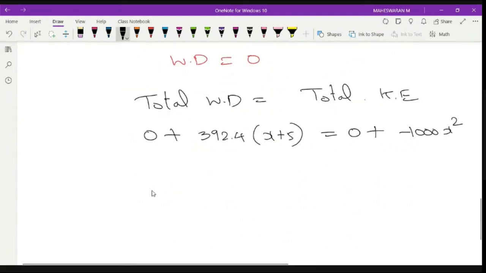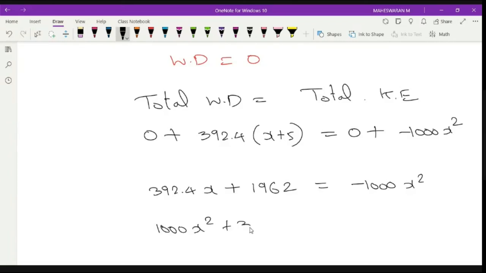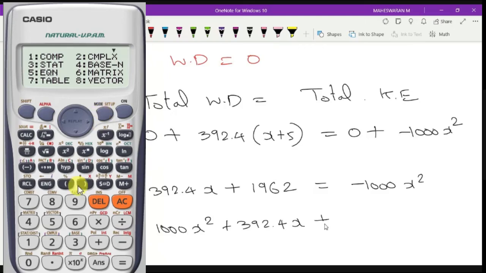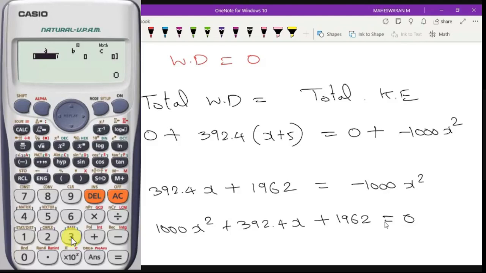Now let us equate it. I will get 392.4x plus 392 into 5, which is 1962, is equal to minus 1000 x square. Bring it to the other side: 1000 x square plus 392.4x plus 1962 is equal to 0. So can you solve this?